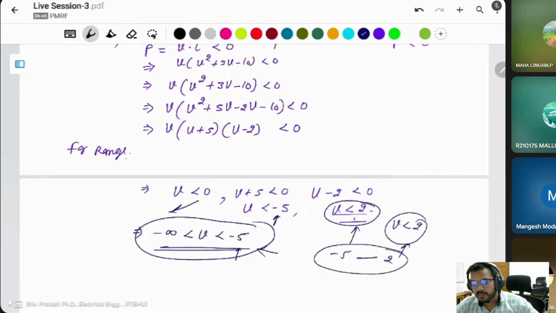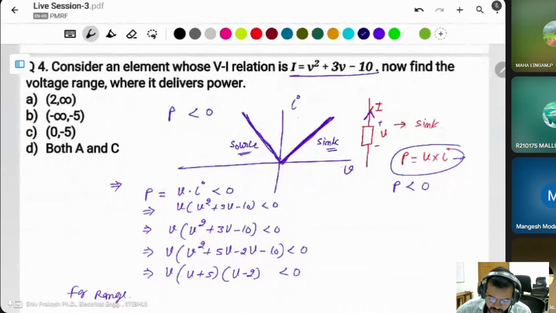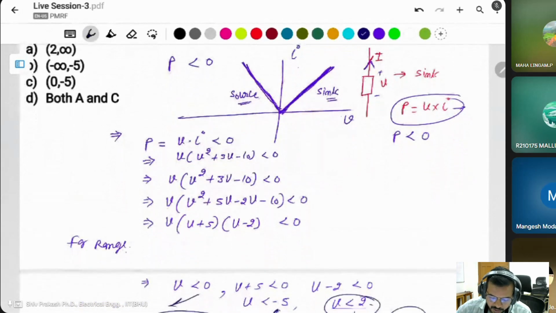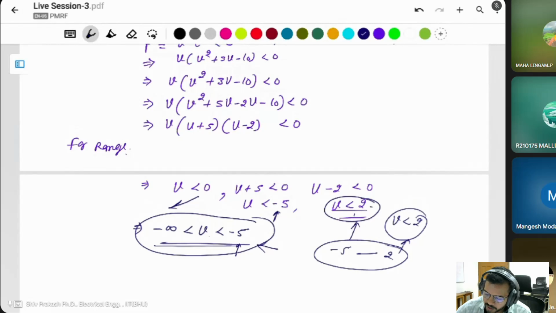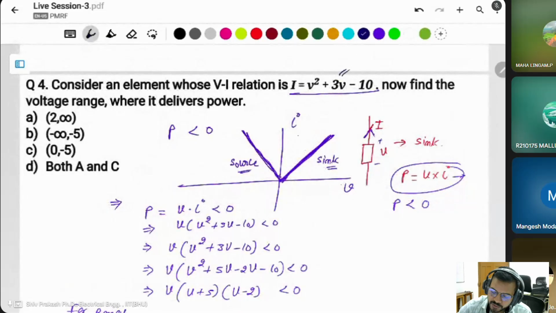There will be a possibility, but some point is not there. If we substitute V equal to 1, there is no such option. That's why, less than 2, you can put V equal to 0 also. You will get negative power.